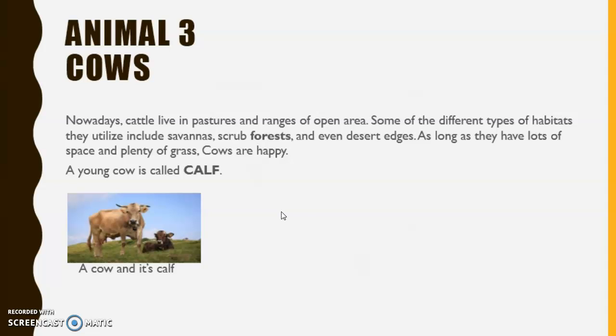Means only the edges, not inside the desert, because they're not adapted to that much heat of the desert. Okay, and as they live in the grasslands, they are also able to graze, and they can feed their young ones also, which is their calf.